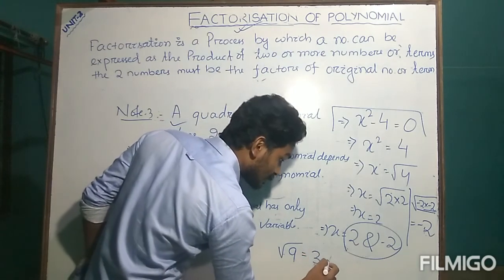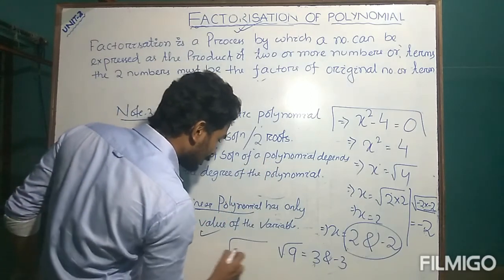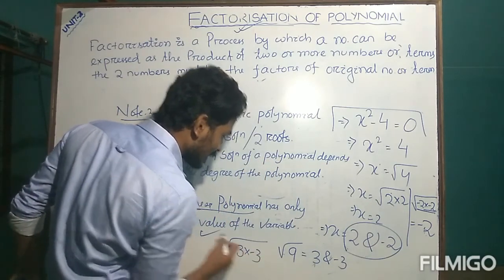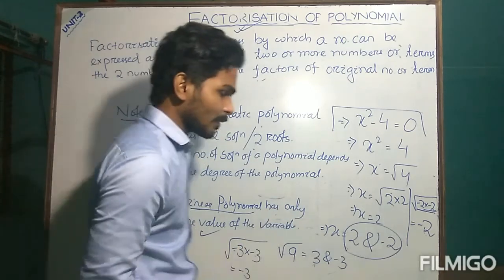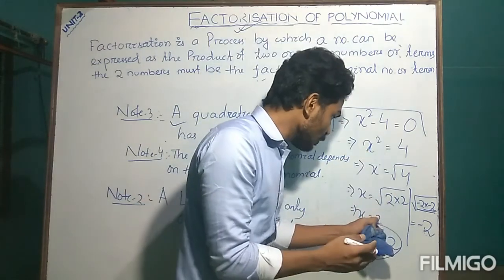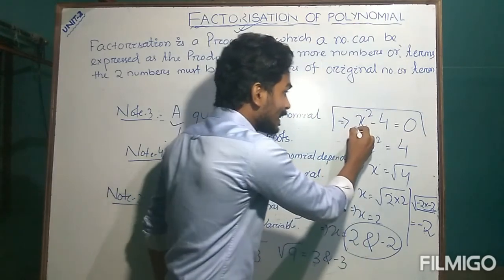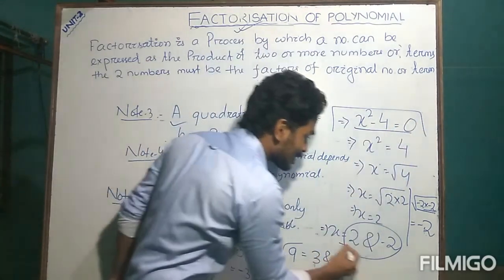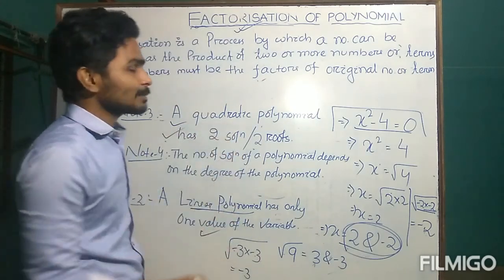Yes, and it is also minus 3, because 9 can be written as minus 3 into minus 3. So any square root has two values, one positive and one negative. Hence, we have proved that if it is a quadratic polynomial, then it has two solutions. Now, note 3 has been proved.